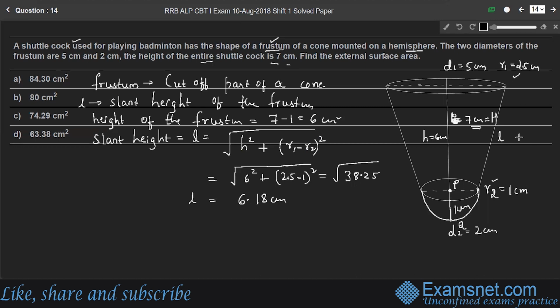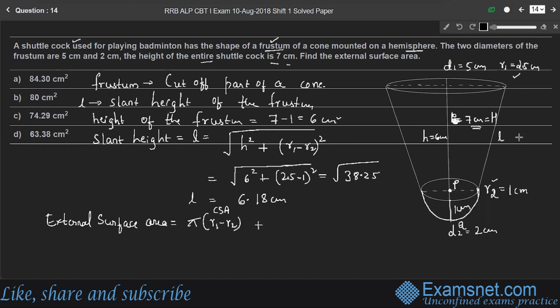Here we need to find the external surface area of the shuttlecock, right? So the external surface area becomes pi into R1 plus R2 into L, which is the curved surface area of the frustum, plus the surface area of the hemisphere.